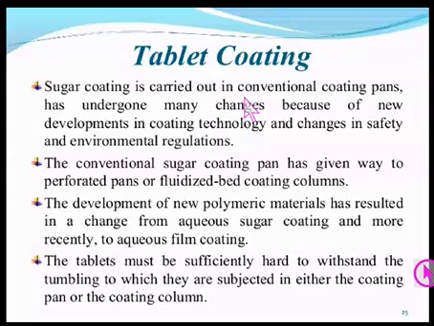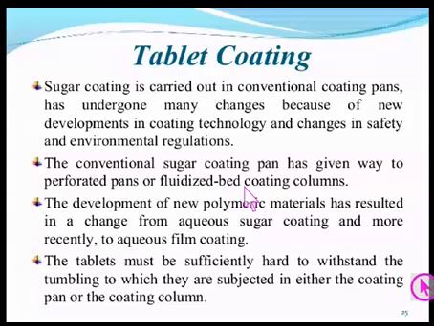Tablet coating. So tablet coating also has to be optimized, because nowadays most of the tablets are preferred to be coated for several advantages. Sugar coating, carried out in conventional coating pans, has now undergone many changes because of new developments in coating technology and also changes in safety and environmental regulations.